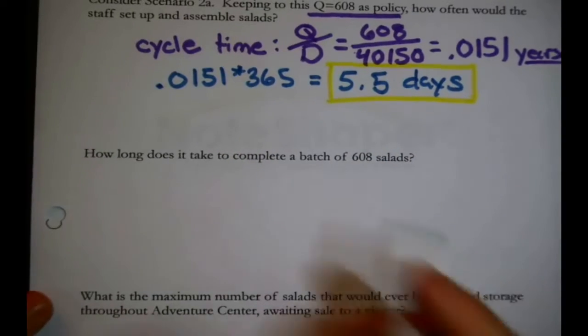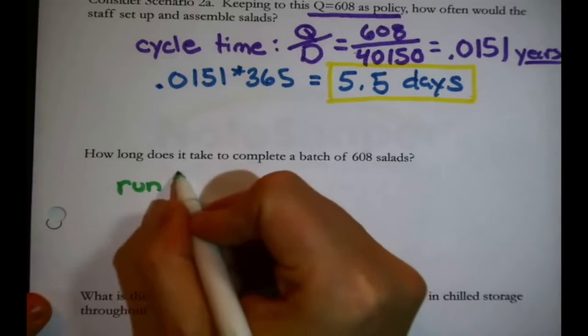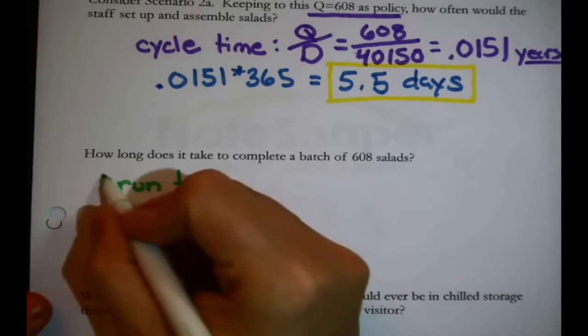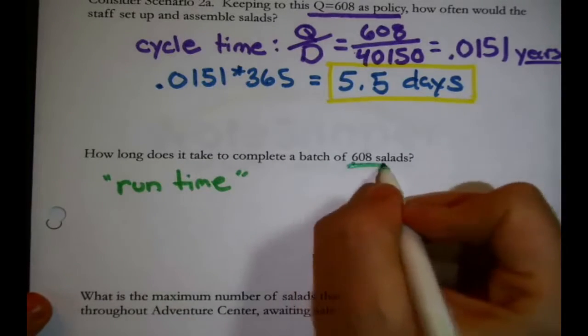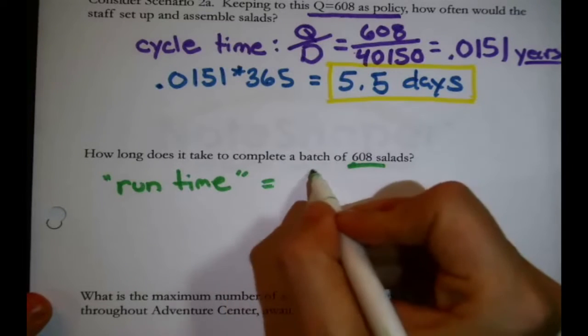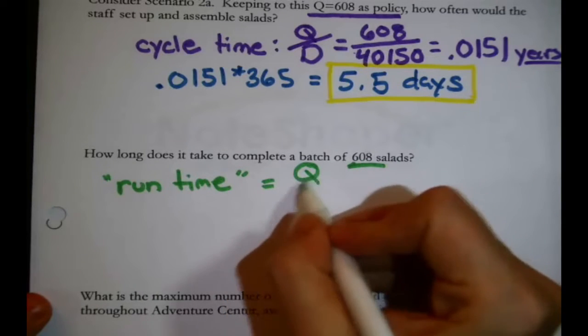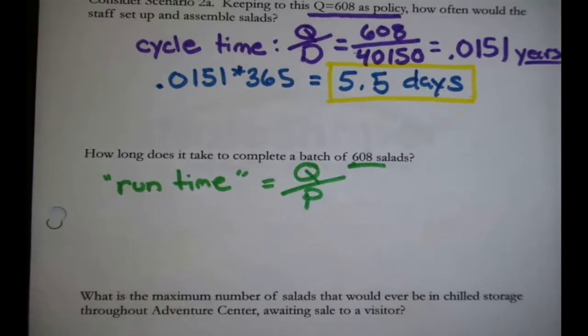Now, how long does it take to complete a batch of 608 salads? That is not cycle time. That is runtime, the so-called runtime on the batch size.